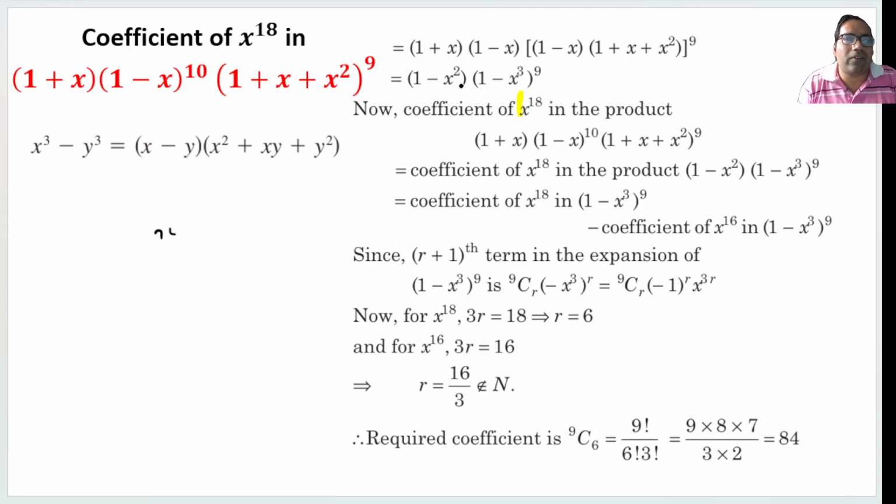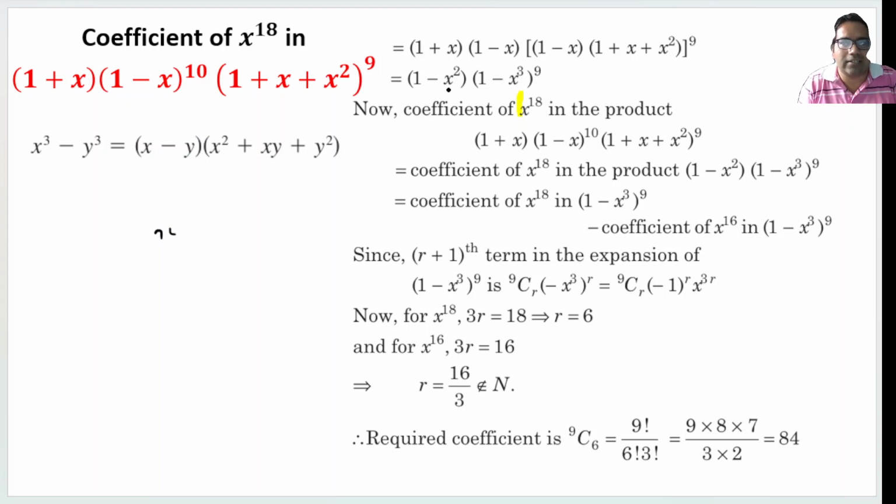Now, if you want x power 18 of this product, then we want 1 times the coefficient of x^18 in the expansion. And if we get x^16 in this expansion, then the −x^2 multiplied by that x^16 will again make x^18.